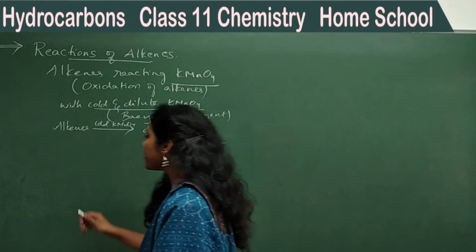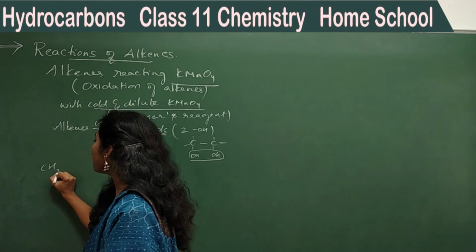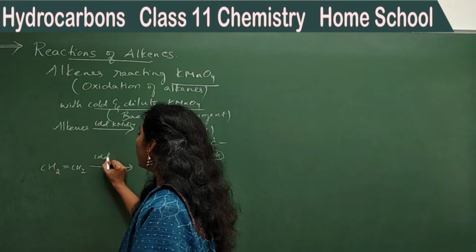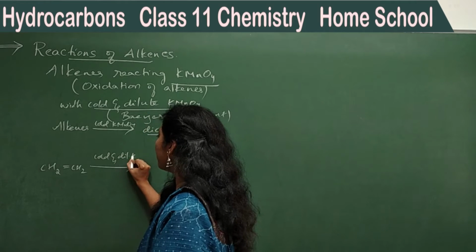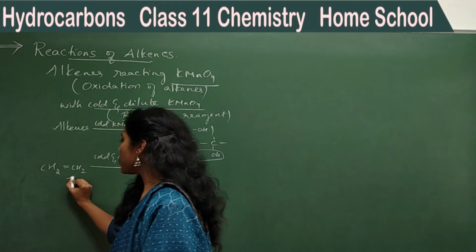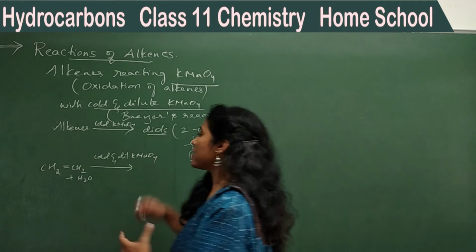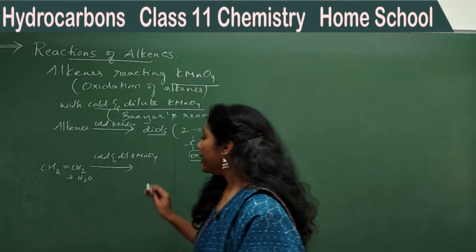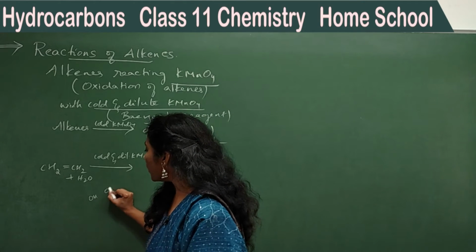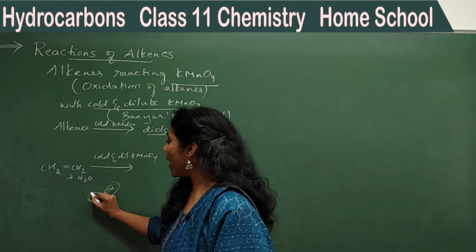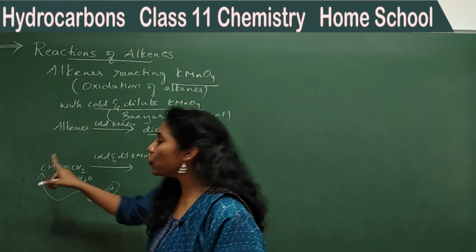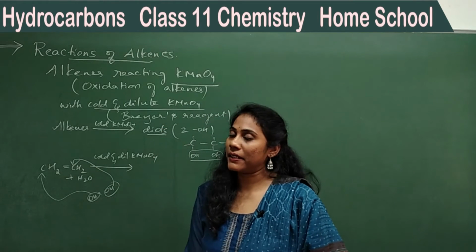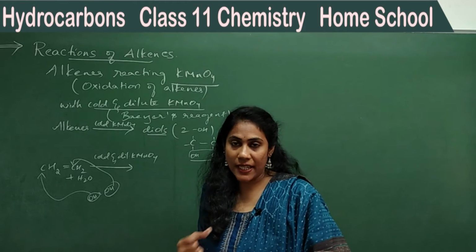So let's understand this with one example. Suppose I have CH2=CH2. I treated with cold and dilute KMnO₄. Of course, dilute KMnO₄ is there, so water also you will observe. Here what actually happens is two OH groups are produced. One OH group is added to one carbon atom, another OH group is added to another carbon atom. Just like the way you add hydrogen atoms, isn't it?